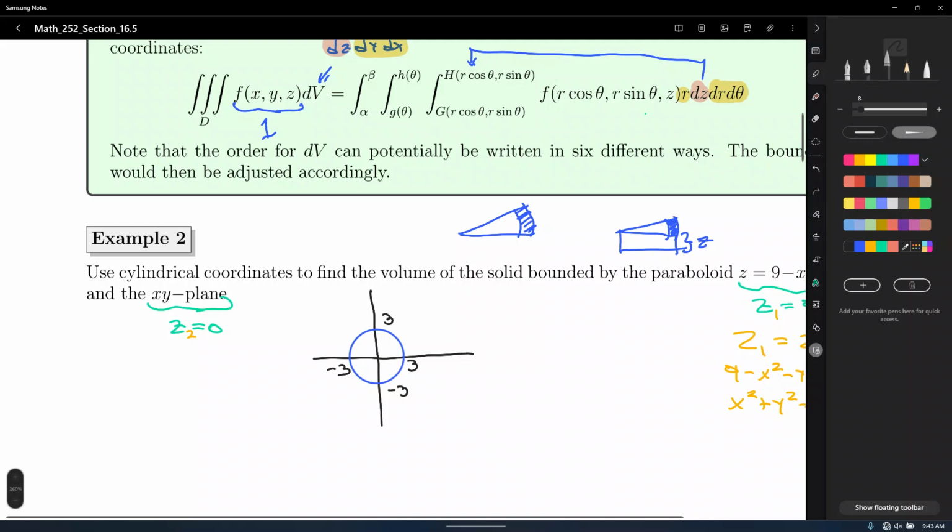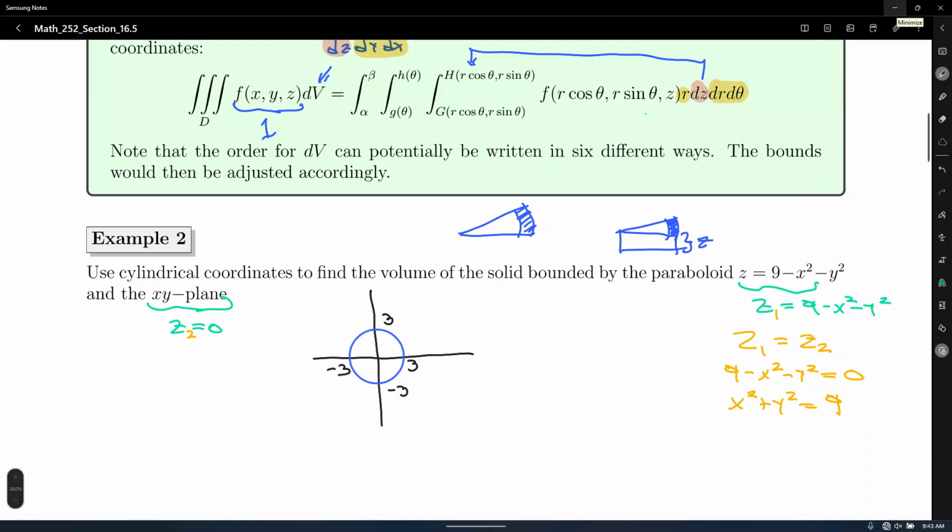All right. What else do we need to do? So number one, we need to rewrite this equation in cylindrical. Well, polar cylindrical. Z equals 9 minus x squared minus y squared. I'm going to factor out the negative: 9 minus parentheses x squared plus y squared. And we know x squared plus y squared from polar, it's the same x squared plus y squared in cylindrical, which is r squared. Right?